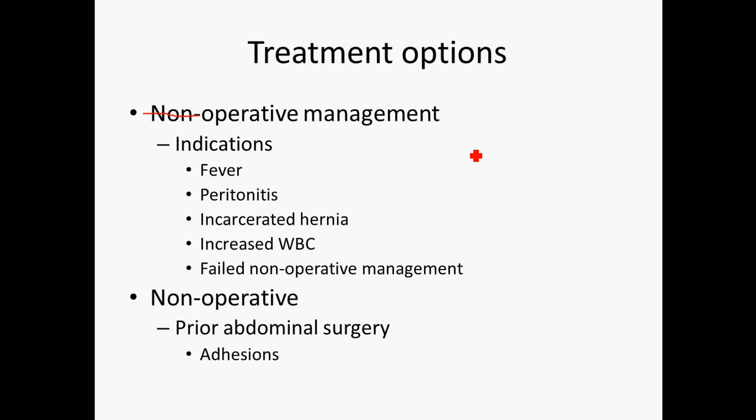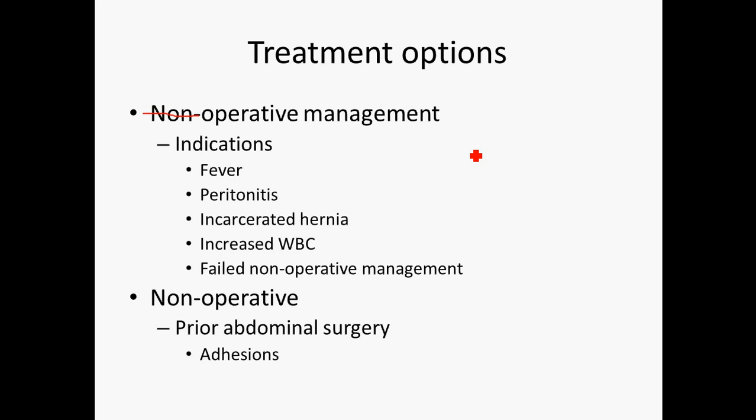So the reasons that we would want to do an operation immediately is if we have these things that I just mentioned. If you have fever, peritonitis, incarcerated hernia, increased white blood cells, and or if we've tried to do non-operative management and we haven't been able to fix the situation.